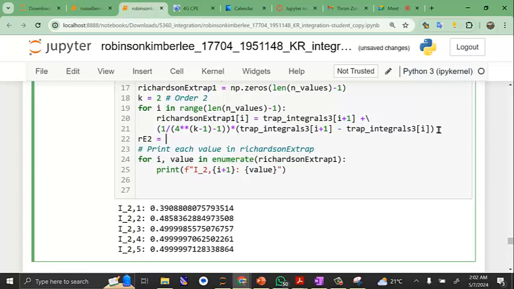We'll see if we get the same values here. So here you're iterating through i, and you're starting with 1. So I believe that you could just take trap integrals 3. And here, since you're starting with 1, that would be 1 colon. And then you're going to take plus. And then the k stays the same.